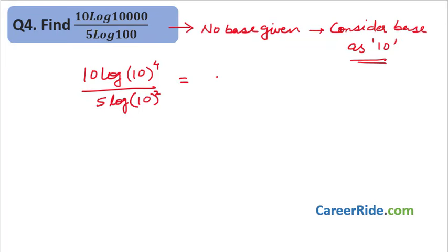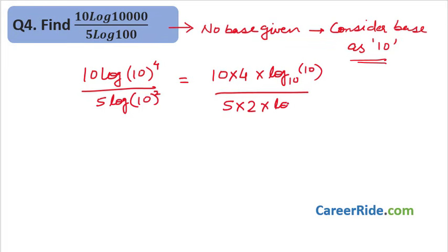So now from my power rule, the 4 which is in the power at the moment comes in front, gets multiplied, 4 into log. When there is no base given, I consider it to be 10. So log of 10 to the base 10 divided by, again 2 is in the power right now, so it comes out, gets multiplied, and it becomes log, again nothing in the base, so the base becomes 10.